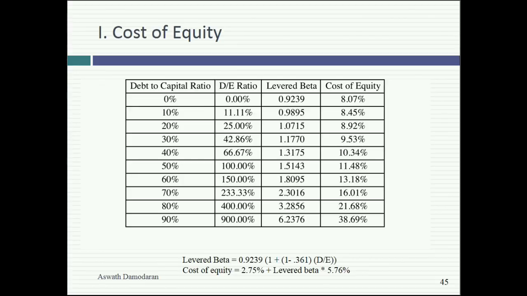That's why you never frame your optimal as minimizing the cost of equity, because there's no point going anywhere else then. Your optimal debt ratio will be 0%. But if I look at it from the perspective of an equity investment in the company, my cost of equity will go from 8.07% when I have no debt, all the way up to about 38.69% at a 90% debt ratio.